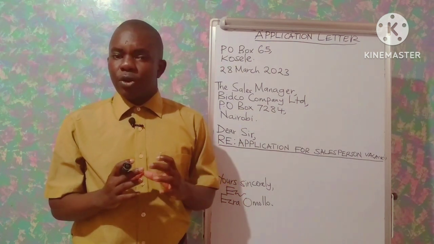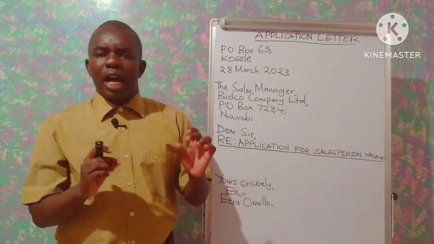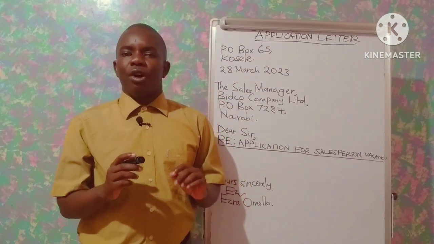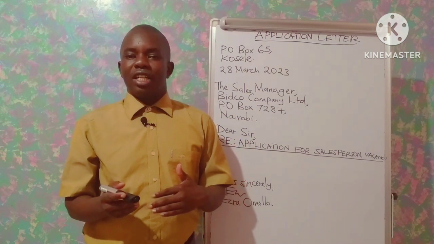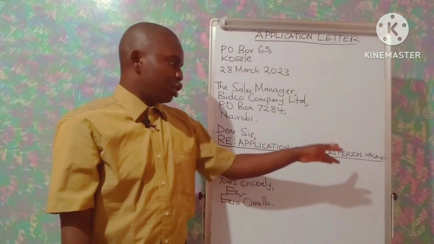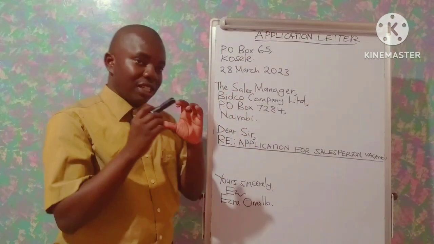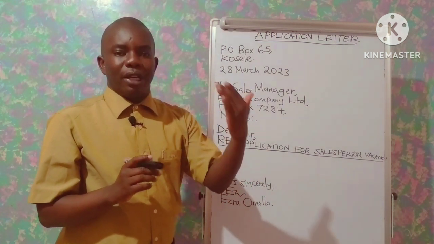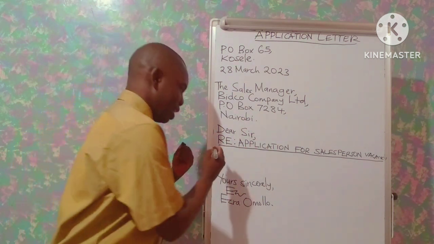So that is where you're going to have statements like, following your advertisement in the Daily Nation of 20th March 2023, I hereby apply for the position of the sales person. So it is important that the beginning of your application letter runs in that manner.